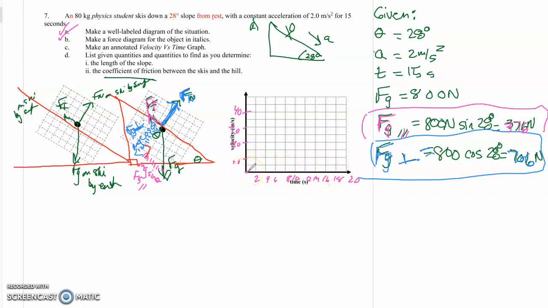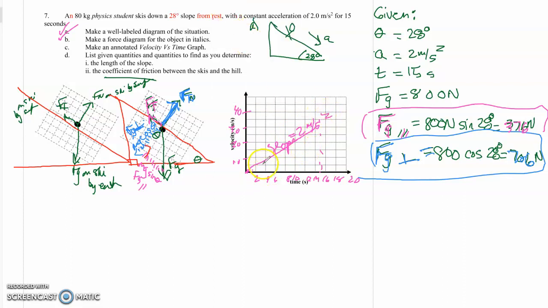I'm going to go for 15 seconds, right? So about right here. So I'm going to have an acceleration of 2 for 15 seconds. So if I kind of work that out, it's going to take me to about there for 15 seconds, right? So the slope has to be 2. So I just have to draw it in such a way that the slope is 2.